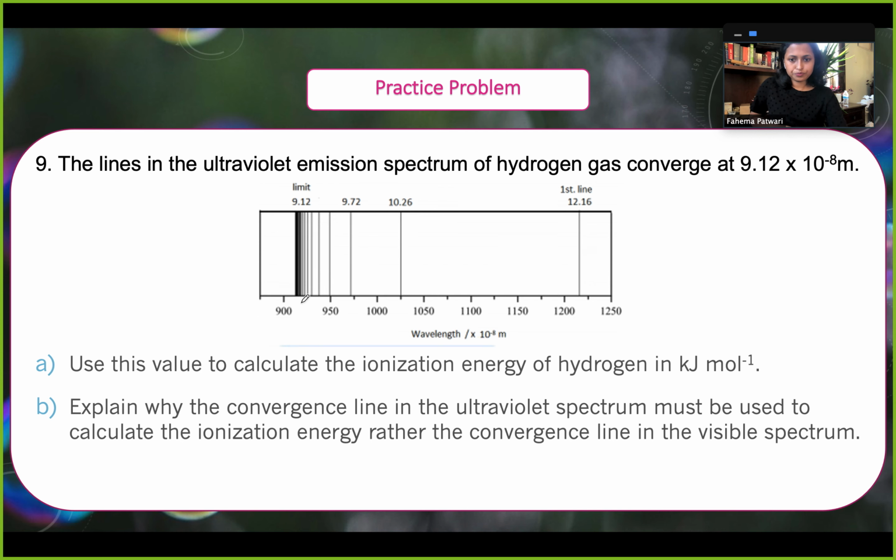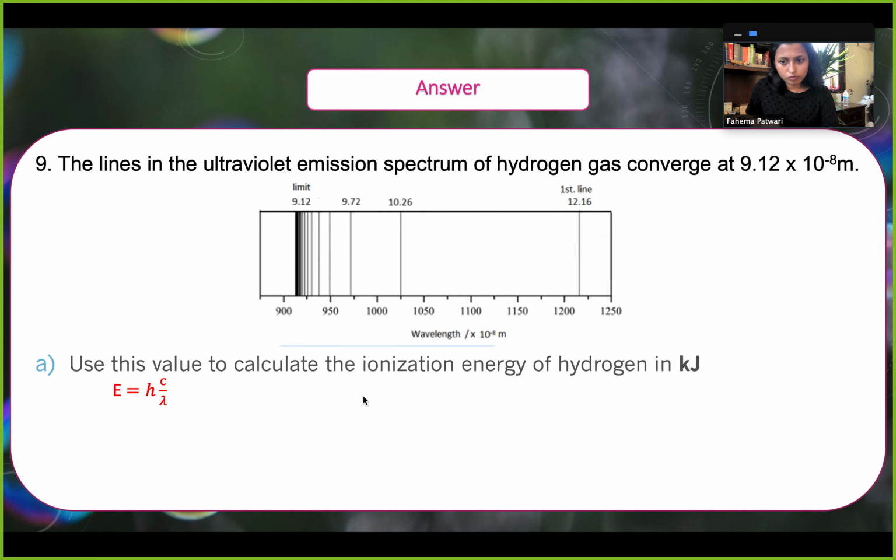So how do we do this? For energy, we'll use our combined equation. If you don't feel comfortable using the combined equation, you can do the 2 separate steps. But energy is equal to Planck's constant times speed of light divided by wavelength. Plug all the things in, right? And here, 9.12 times 10 to the negative 8 is where the convergence happens.